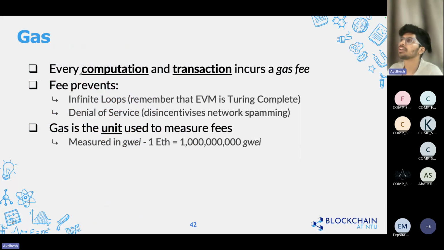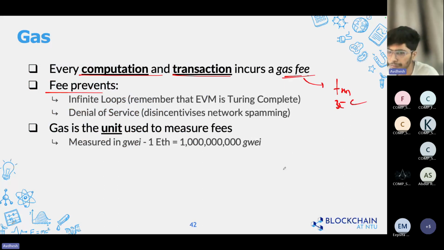Every computation and transaction incurs a gas fee, which is the same as transaction fees in Bitcoin. What the gas fee indicates is, since we already have a lot of coding and loops, we don't want the loop to run continuously.